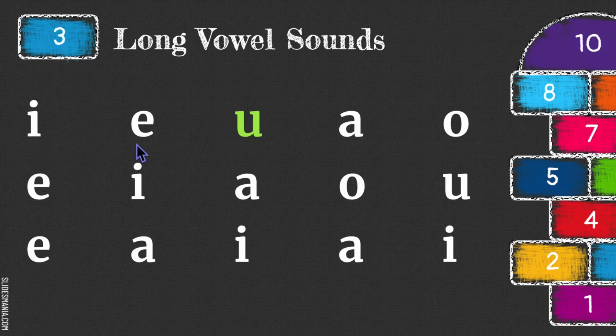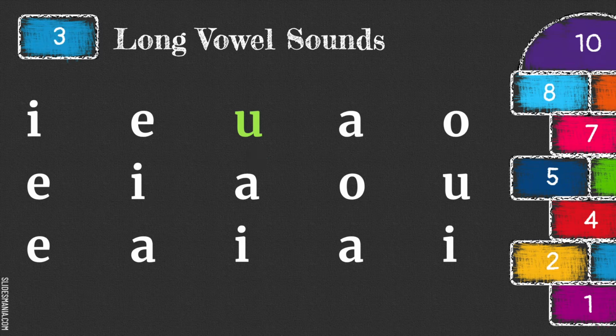I, E, U, oo. A, O, E, I, A, O, U, oo. E, A, I, A, I. Now you might wonder, why does the letter U have two long sounds?